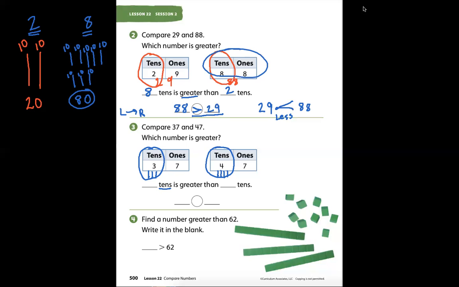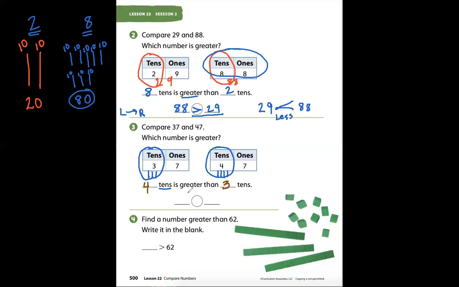Is 3 tens greater or is 4 tens greater? Right, 4 tens is greater than 3 tens. So if I'm going to write 4 tens is greater than 3 tens, then in my statement down here, I'm writing the whole number.